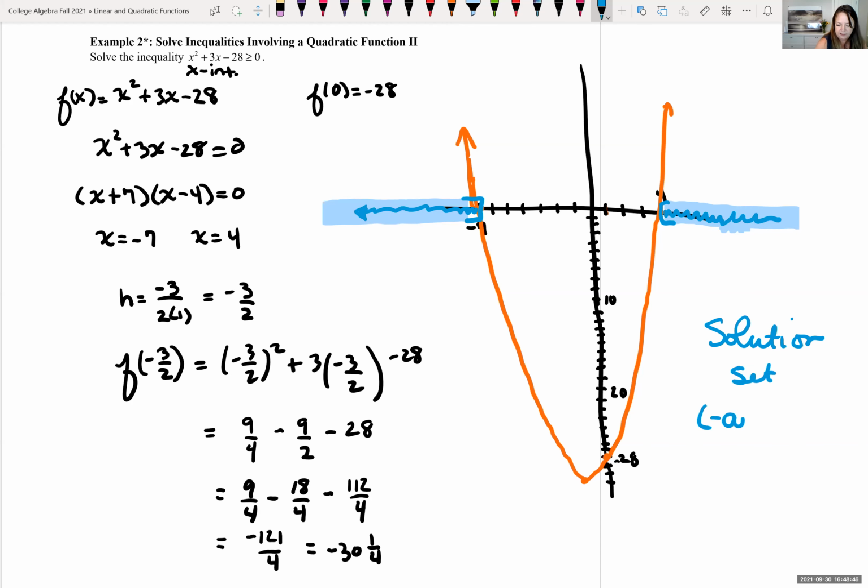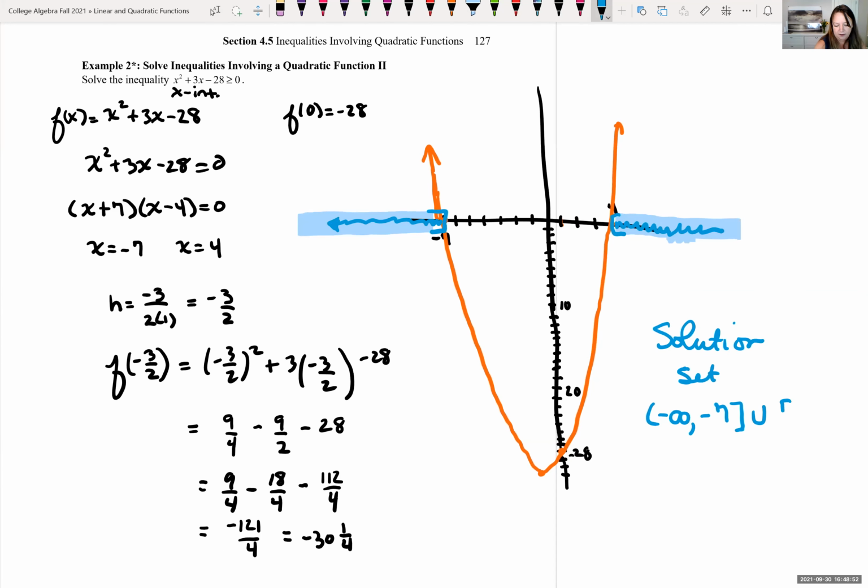So -∞ to -7 bracket, union, bracket 4 comma infinity.